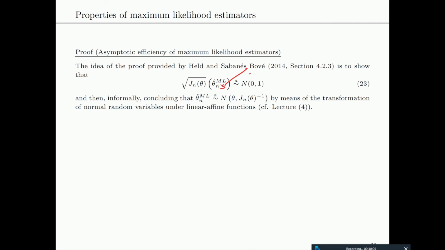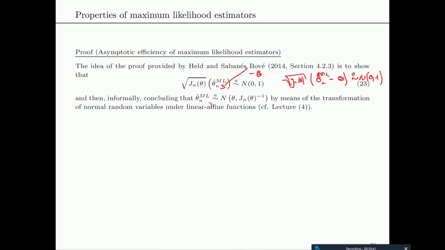This is why there are also some brackets around this. So let's write this up here. It's supposed to say square root of Jn theta times theta ml, so the maximum likelihood estimator minus the true but unknown parameter. This is asymptotically distributed according to a standard normal distribution.